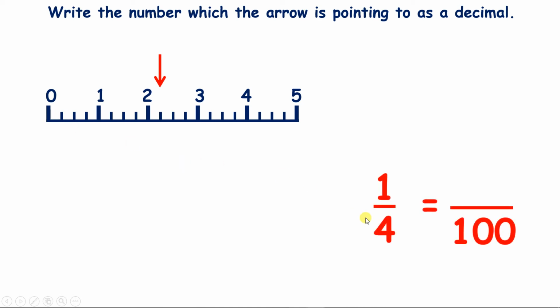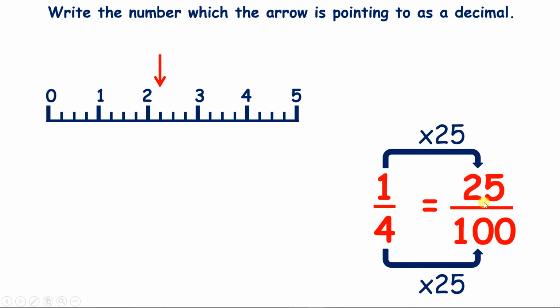Now we can't change quarters into tenths because 10 isn't a multiple of 4. So we have to think the next place value column along after the tenths is the hundredths. And we can change a quarter into hundredths because 4 times 25 is 100. 1 times 25 is 25.